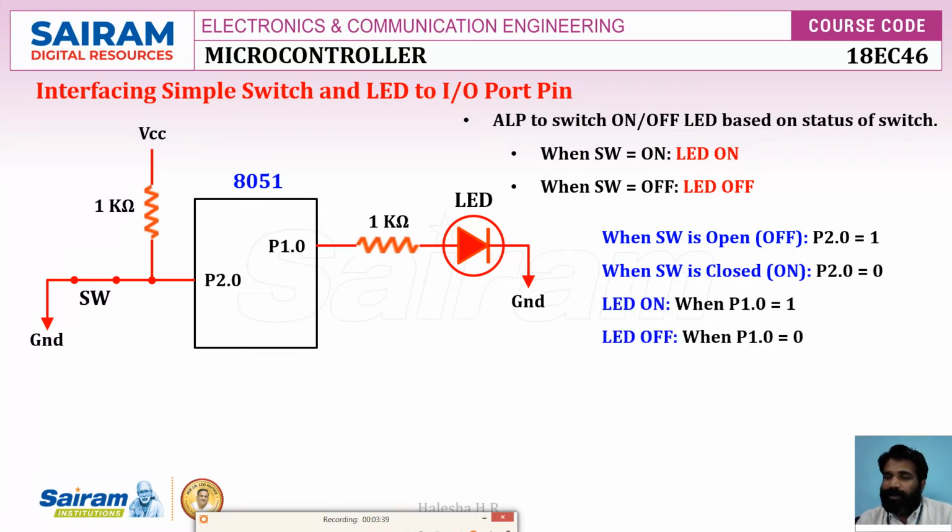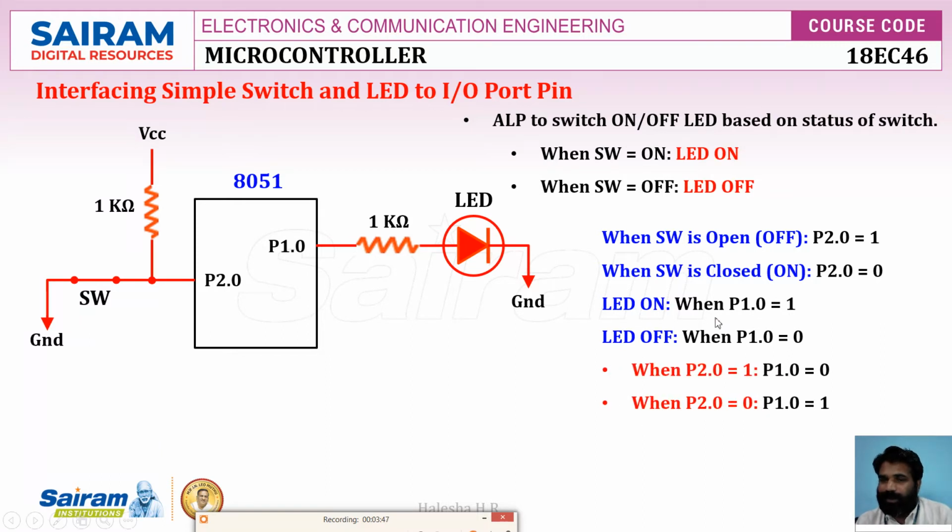To make the LED on, we should make P1.0 1. To make the LED off, P1.0 equals 0. So whenever P2.0 is 1, we should write 0 to P1.0. If it is 0, we should write 1 to P1.0.